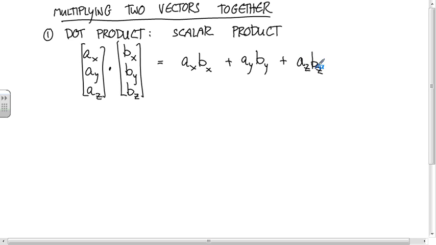So why is it called the scalar product? Because the output is you take two vectors and put them in, and the number you get out is just a number. It's a scalar.